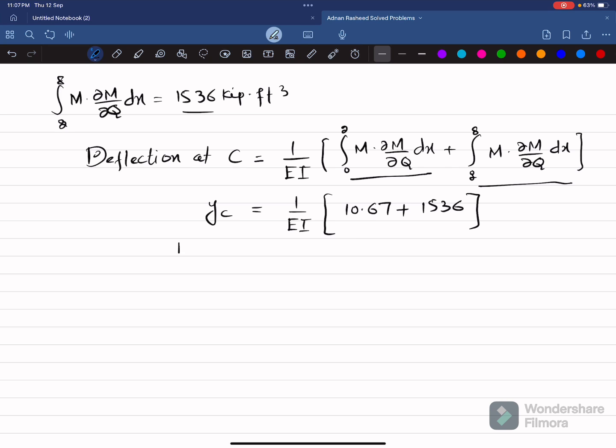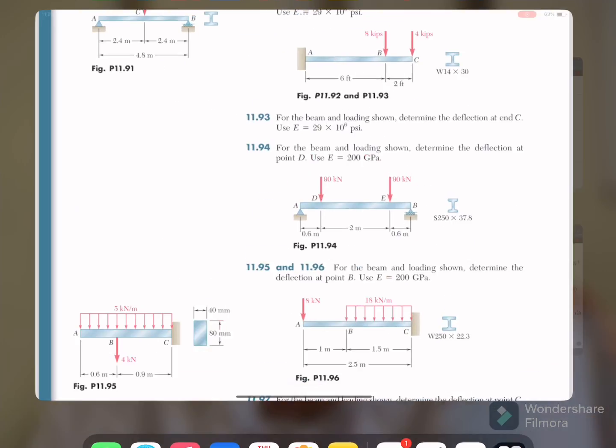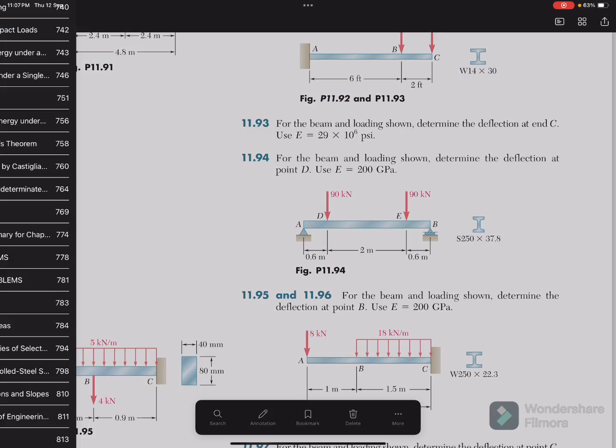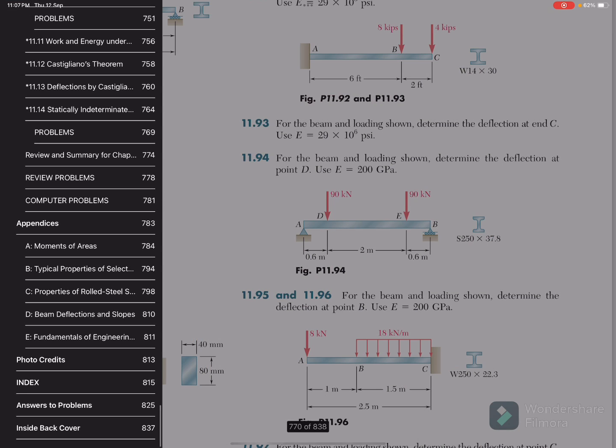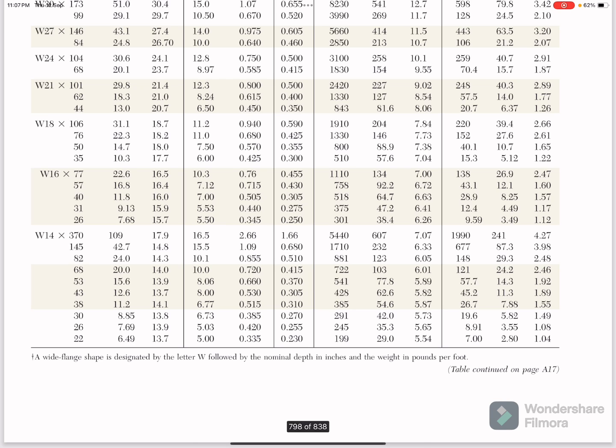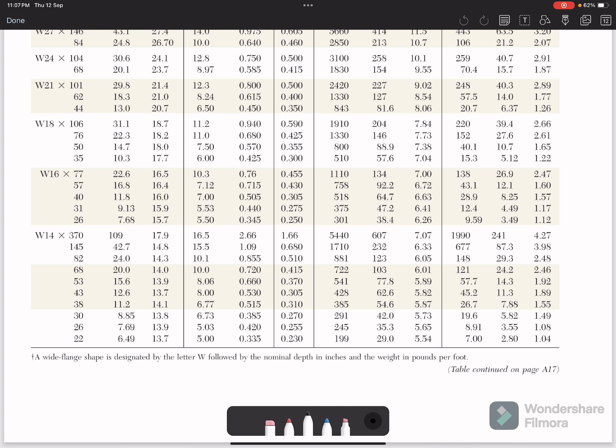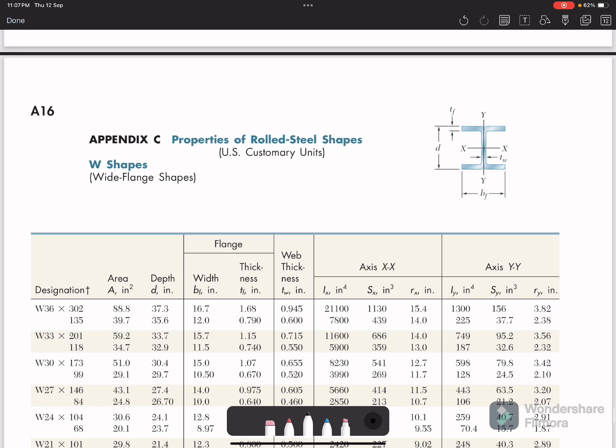This is equal to the deflection at point C. We have E given as 29 into 10 raised to power 3 ksi. We do not have I, so again you have to go to the property table of rolled steel, and search for W 14 by 30, which is given. Here you can see I is 291 inch power 4.